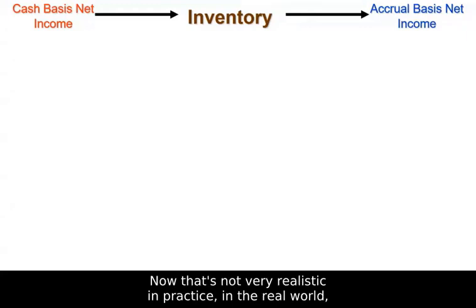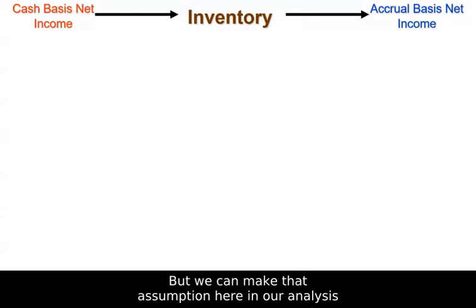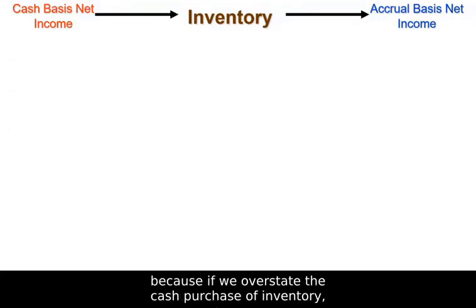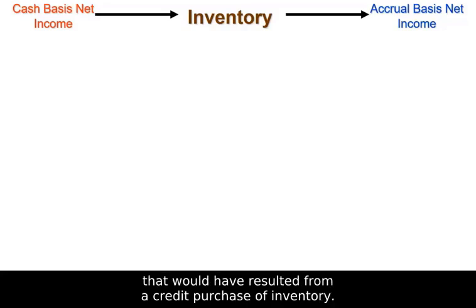Now, that's not very realistic in practice in the real world, because most inventory is purchased on credit. But we can make that assumption here in our analysis, because if we overstate the cash purchase of inventory, that's going to be offset by any understatement of our payables that would have resulted from a credit purchase of inventory.